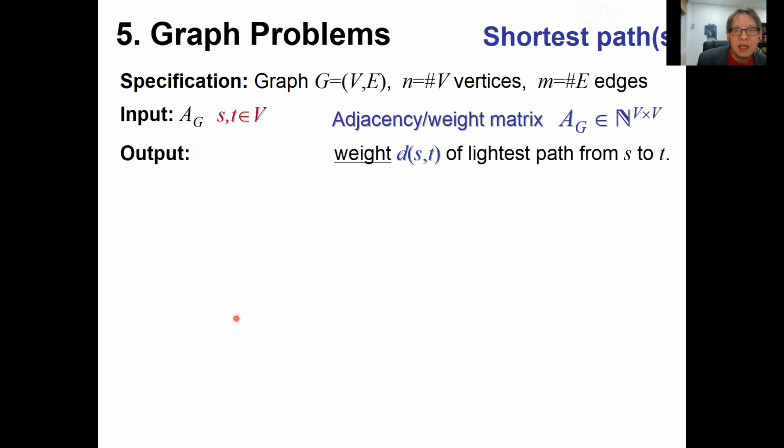Let me expand on that. So imagine a graph with some cycles, let's say some triangle or quadrilateral, some cycle in the graph. And let's suppose that the weight of the cycle, adding the weights of the edges in that triangle or quadrilateral, results in a negative number.